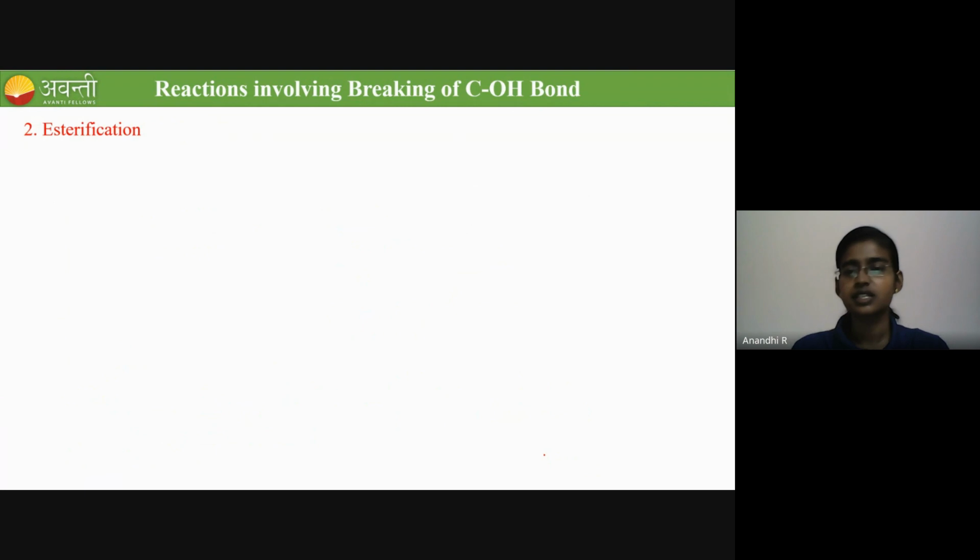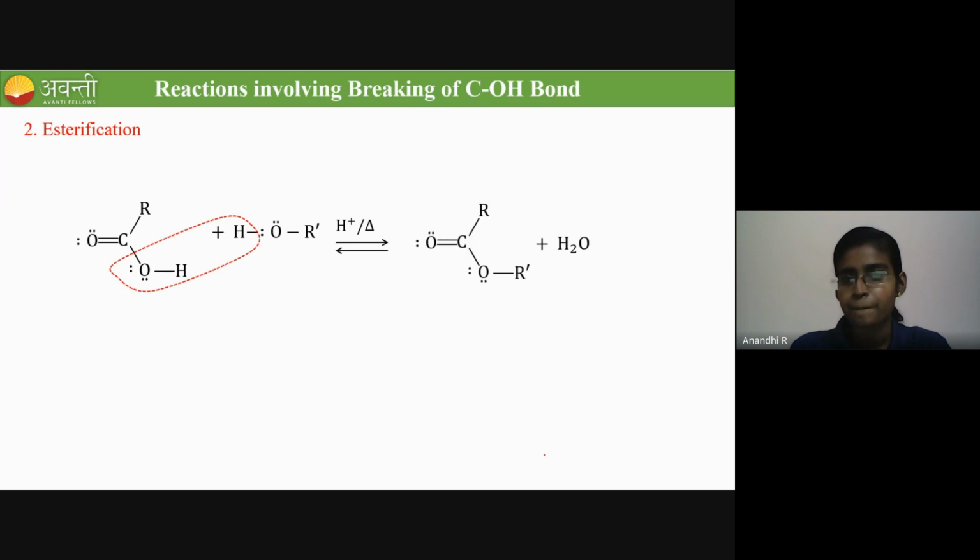That is esterification. So we are going to prepare ester from carboxylic acid. How do we prepare the ester? Take 1 mole of carboxylic acid and another molecule of alcohol. So acid plus alcohol in presence of acid gives an ester with the removal of water.